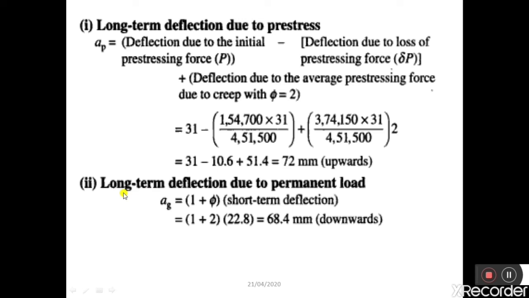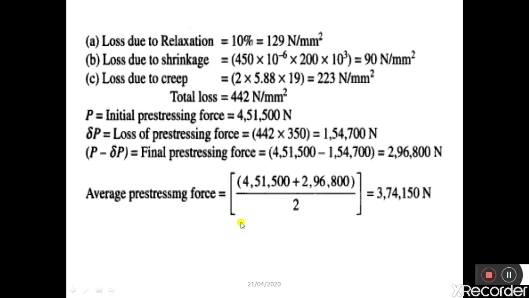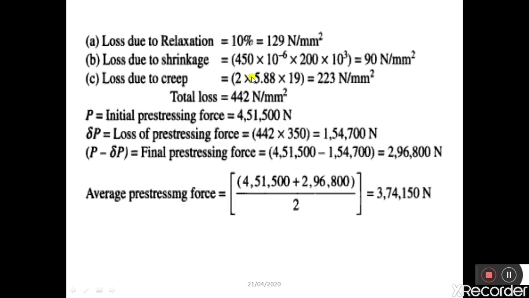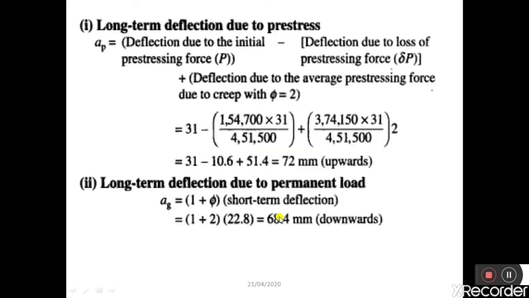I am coming to the second part of that equation. Long-term deflection due to permanent load is 1 plus 5 into short-term deflection. Here 1 plus 5 is with creep coefficient 2, and the short-term deflection is 22.8, which we have already calculated, which gives 68.4 mm.